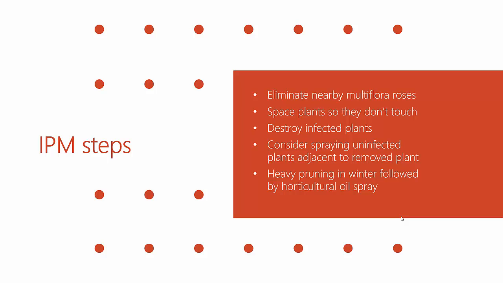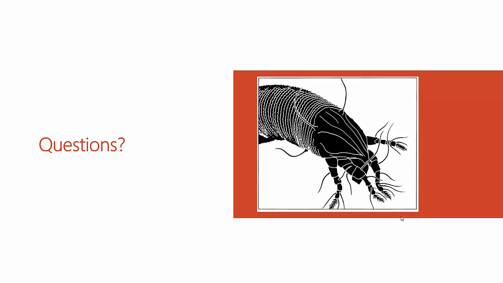This is just another recommendation put out by some extension publications. Heavy pruning of plants in the winter followed by a horticultural oil spray, presumably to kill some mites that might be in residual buds after you prune the rose. And that's about all I have to say about the mites.